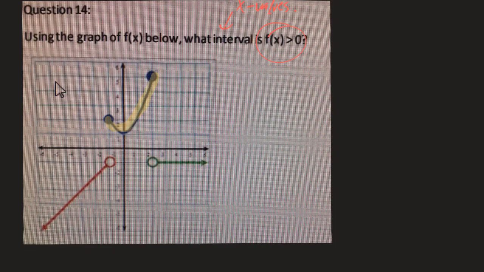Let's figure out where that section is. So it looks like it starts from right here, -1, and it's going to go until 2. Right, again, I'm looking at the x value, so that's where it starts and ends. And we're going to bracket this because these were both filled in circles. So this region is greater than 0.